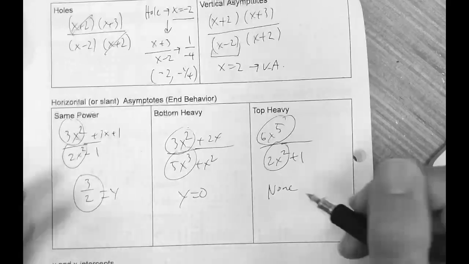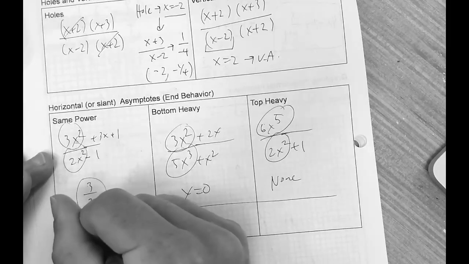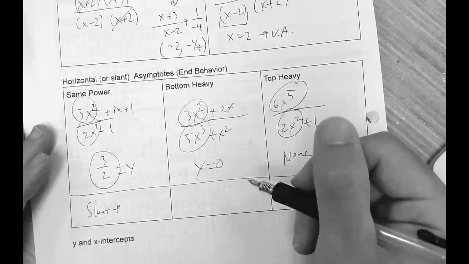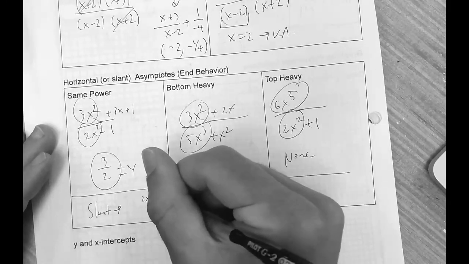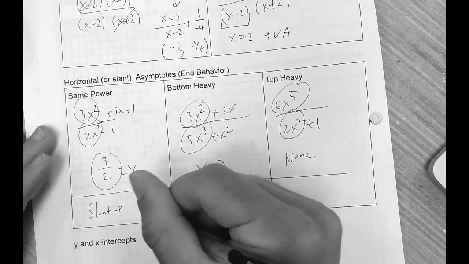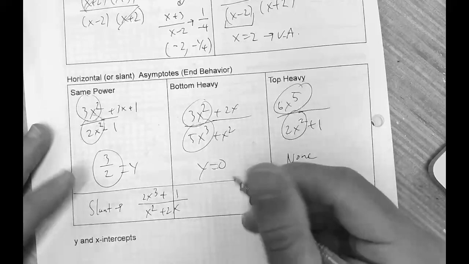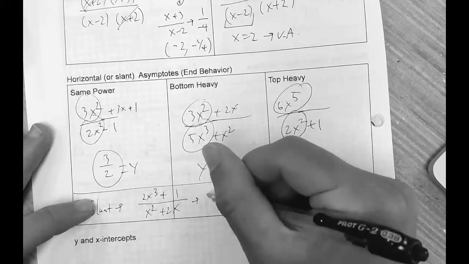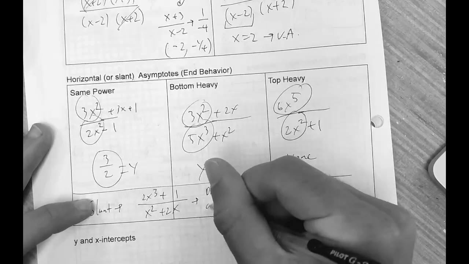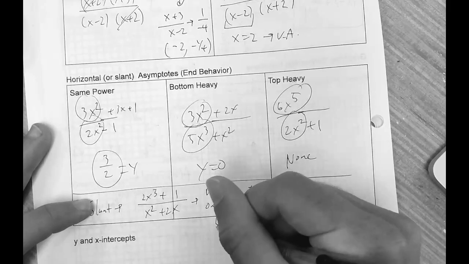Slant asymptotes happen if the degree on top is 1 larger than the degree on bottom. Let's say it was like 2x cubed plus 1 over x squared plus 2x. This is a slant, degree on top 1 greater than bottom.